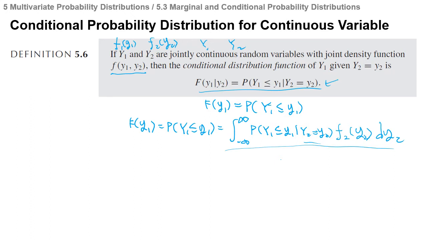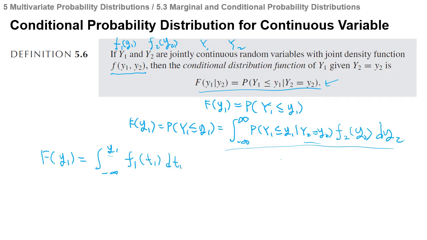And also to calculate F(y1), you can do it this way as well. F(y1) is the integral from minus infinity to y1 of f1. Since you already have y1 here, I will write t1 rather than y1, dt1.